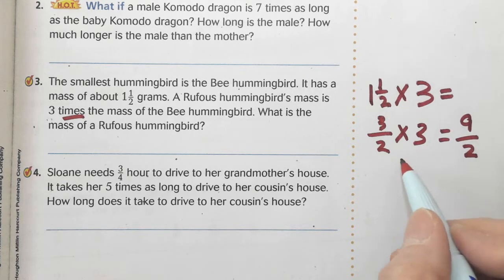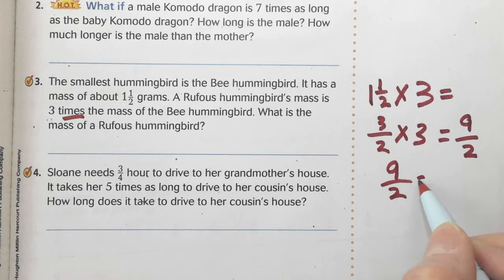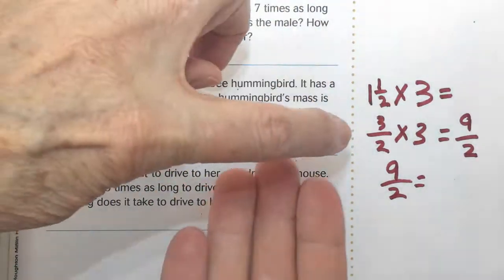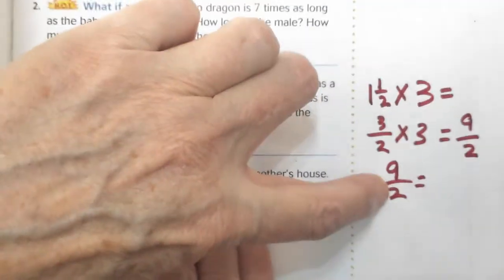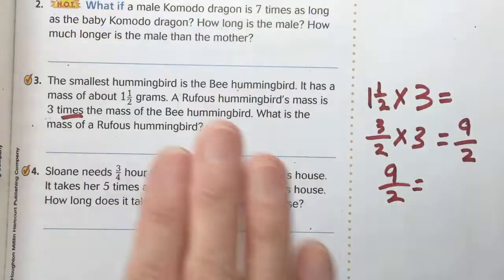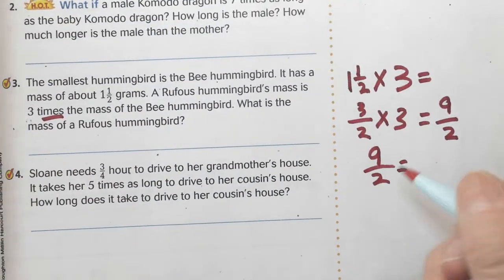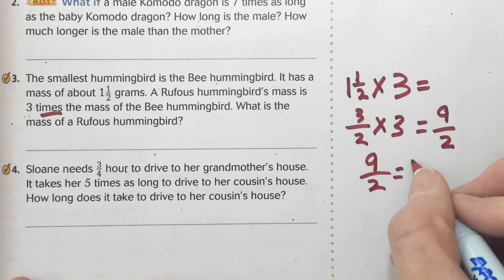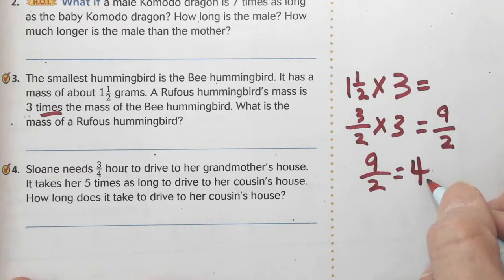And then we have to take this fraction and turn it back into a mixed number. Again, there's the coin. We start with the mixed number, turn it over to the fraction, and now we're going back the other way, which is the mixed number. So how many 2's are in 9? 2 times what comes close to 9? 2 times 4, right? 2 times 4 is 8.